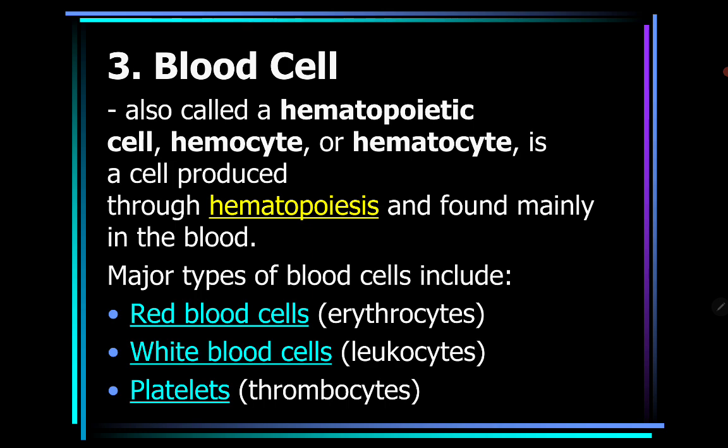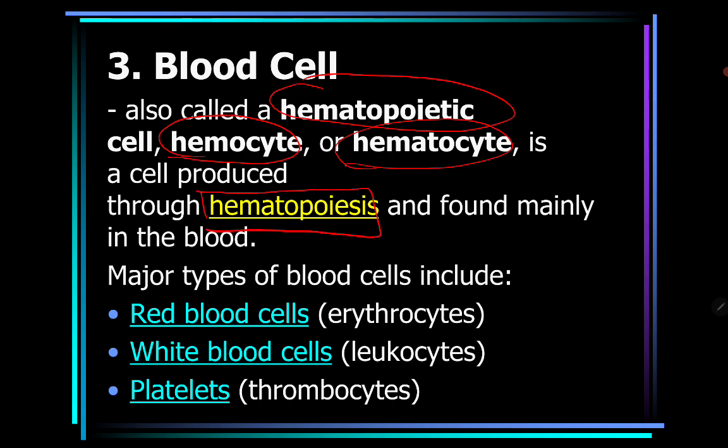So we have now the third type of cell. We have the blood cell, also known as hematopoietic cell, hemocyte, or hematocyte. This blood cell is produced through the process called hematopoiesis. Again, other terms for blood cell are hematopoietic cell, hemocyte, or hematocyte, and the process of blood formation is called hematopoiesis.